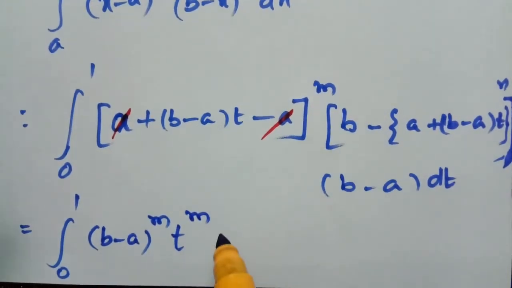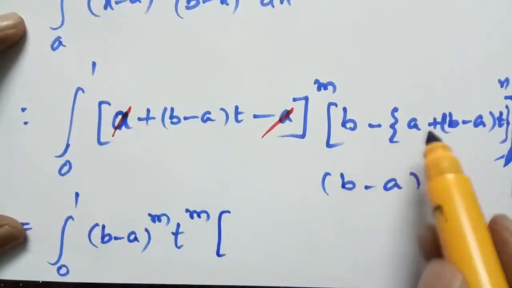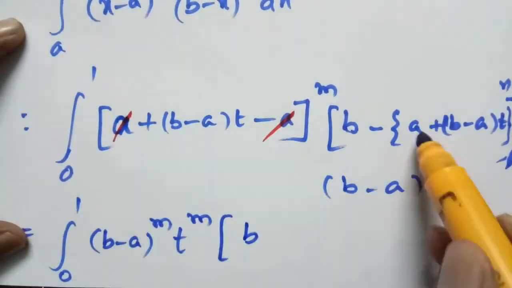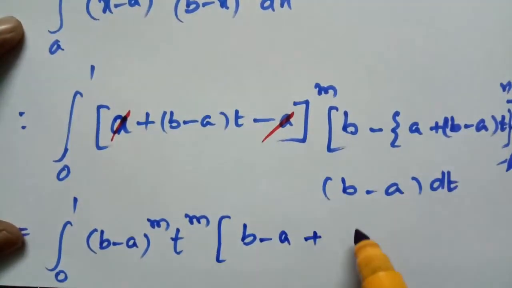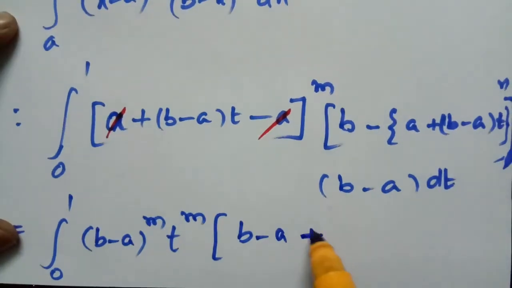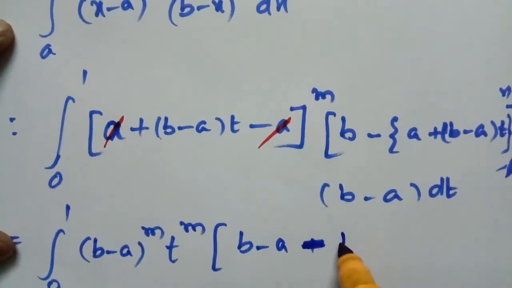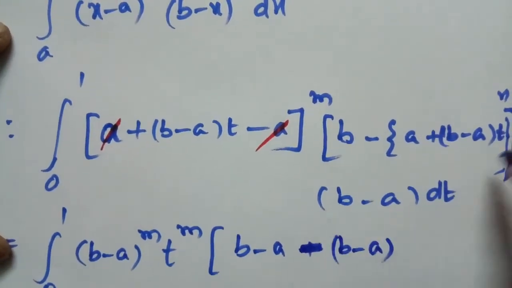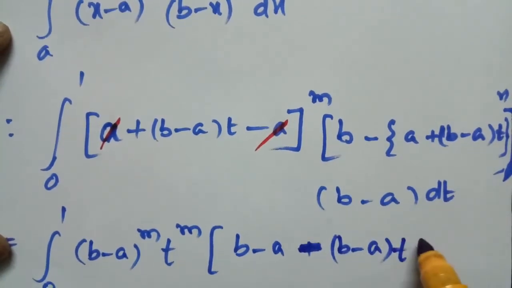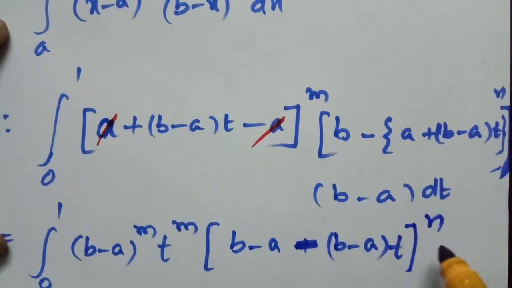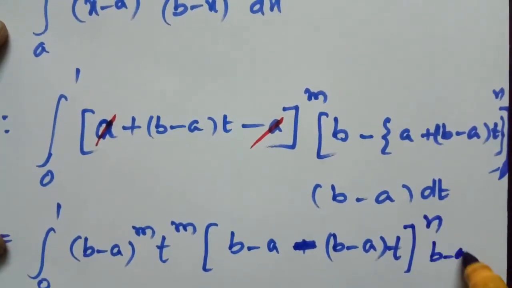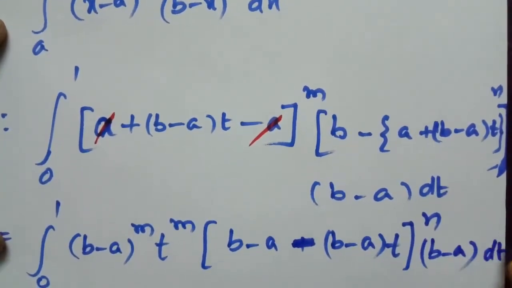Again here, b minus a plus into minus b minus a into t, whole to the power of n into b minus a into dt.